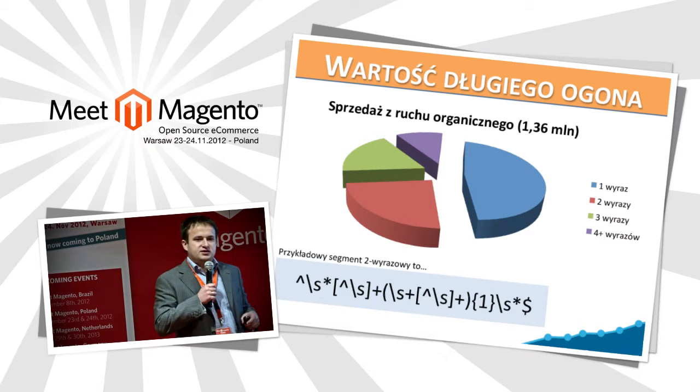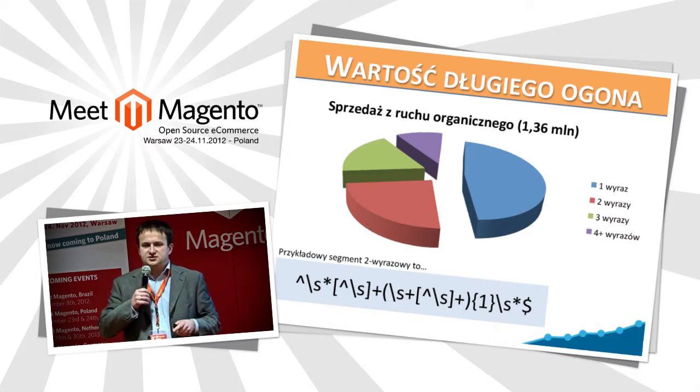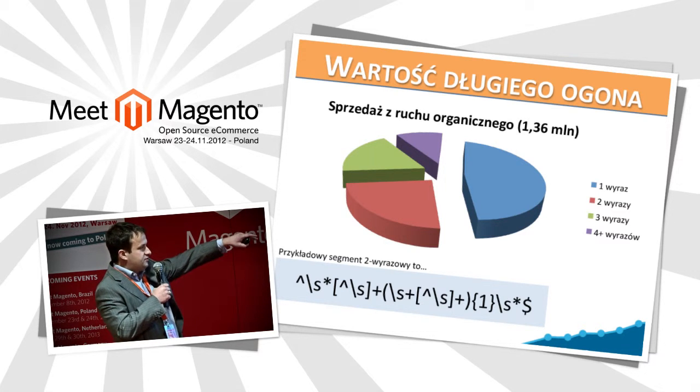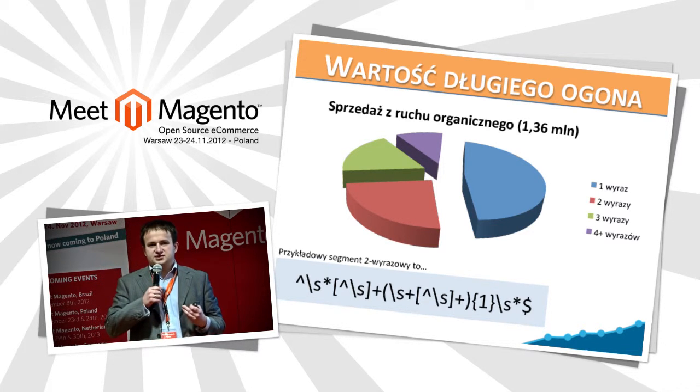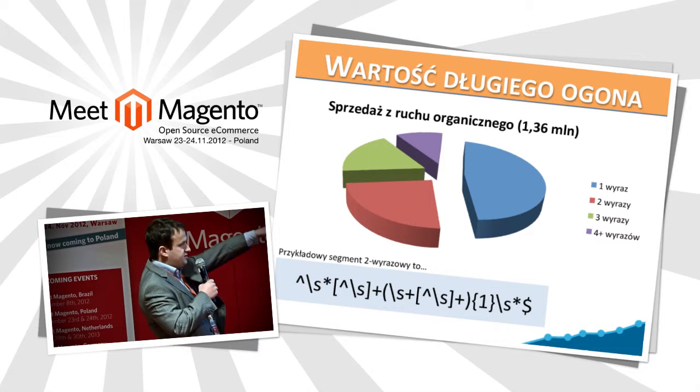What you can see on this slide is total data from the segment that I prepared for organic traffic in analytics. There is a report, keywords generating traffic. We can click to the tab showing sales from each of the keywords, and my segments divide into search terms that consisted of one keyword, two keywords, three, and four and more keywords.